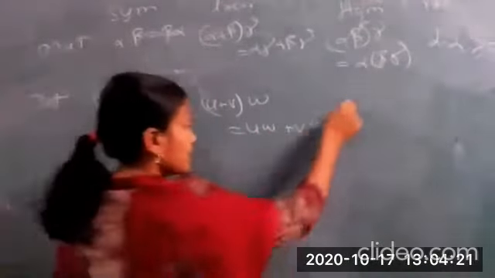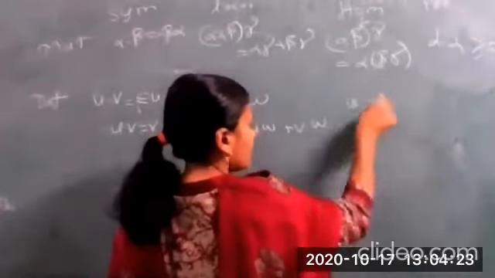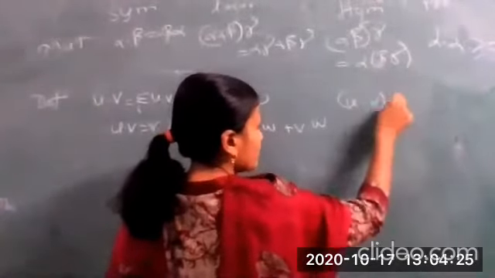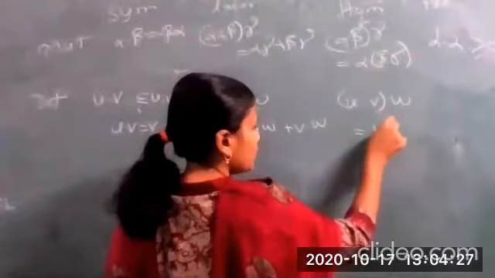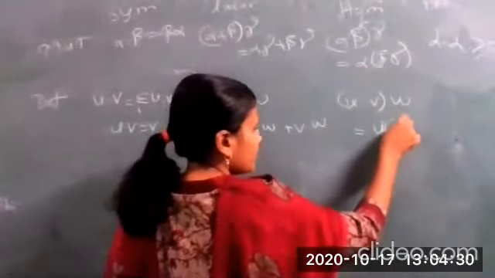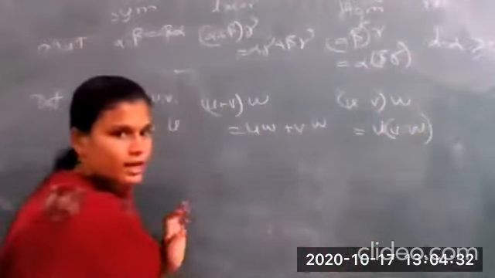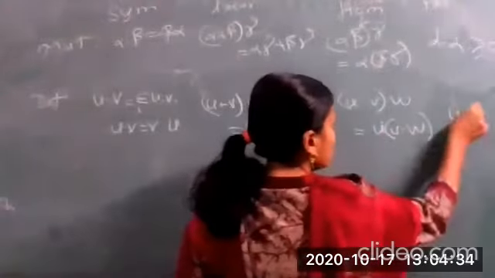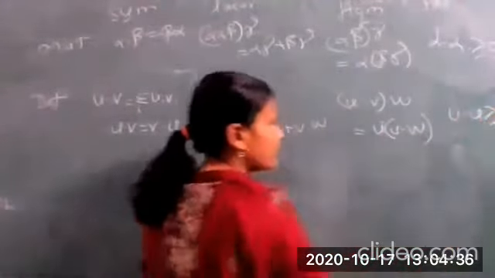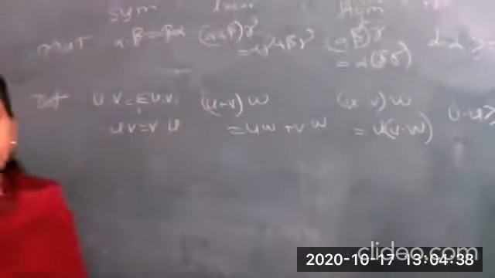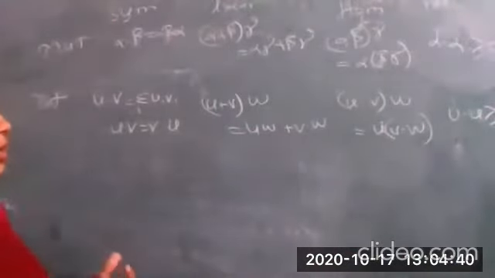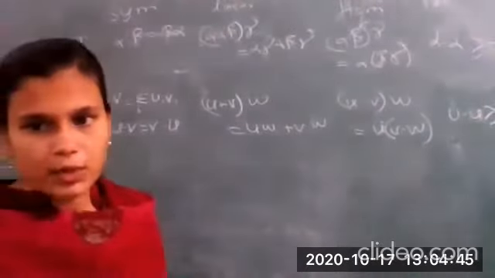Similarly, (u dot v) taken with w is obviously equal to u dot (v dot w). And for any vector, u dot u is greater than or equal to 0. Rather, it is strictly greater than 0 unless u dot u equals 0, which means that obviously your vector u should be 0.